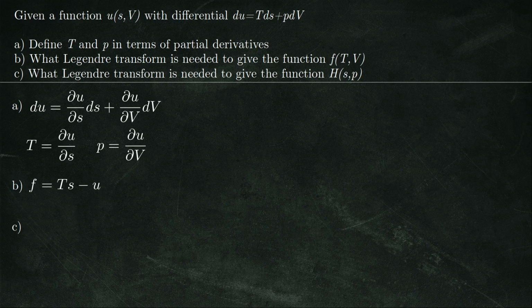Now for part C, have a go. What Legendre transform do we need to do to work out the function h, which is a function of s and p instead of s and v? Okay, the Legendre transform we need to do here is a Legendre transform between p and v. So h is equal to pv minus u.